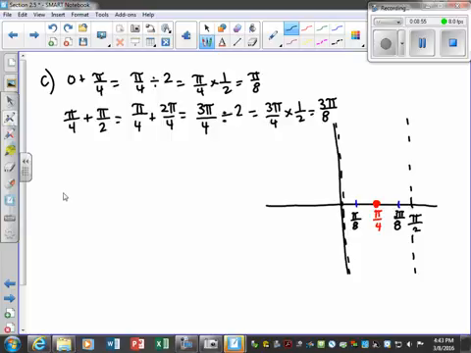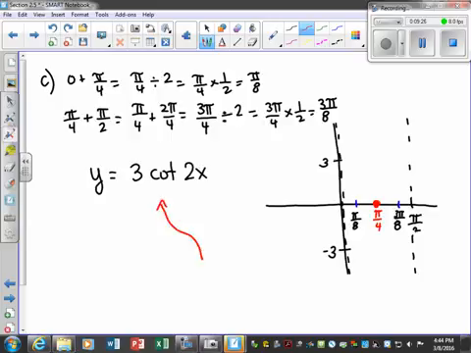The other thing is we're going to write our function down to remind ourselves what we're graphing here: 3 cotangent 2x. So our A value is positive 3 and negative 3. A fourth of the way between the two asymptotes is pi eighths, and our cotangent is going to be decreasing.